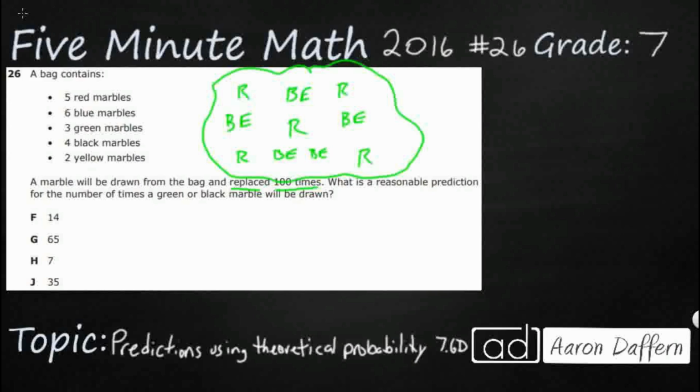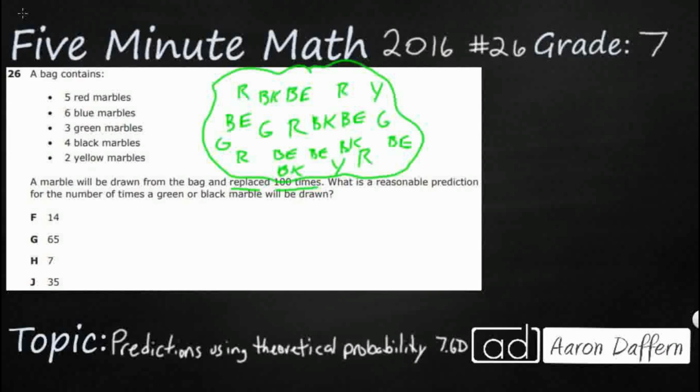See, my bag is starting to get a little bit crowded already. I've got 3 greens. 4 black, I'll put BK for that. And then finally I'm going to have 2 yellows.